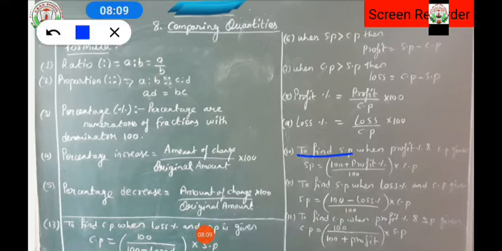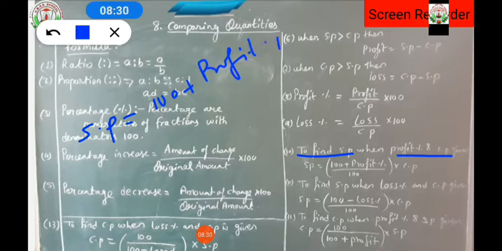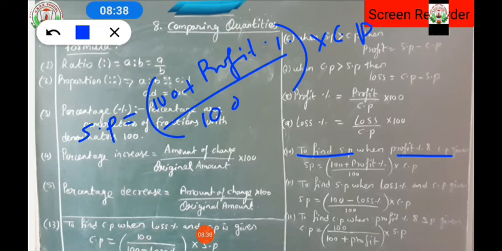Okay, to find selling price SP when profit percent and CP is given. जब question में हमको selling price find करने बोलेगा तो उसमें profit percent और cost price का value दिया रहेगा, then our formula will be SP is equals to 100 plus profit percent upon 100 into CP, that means cost price. This is when you have to find selling price when profit percent and cost price is given in the question.